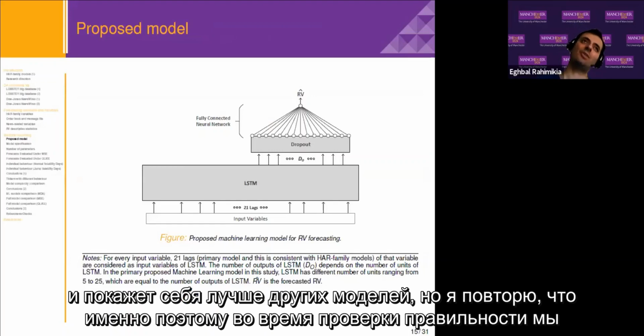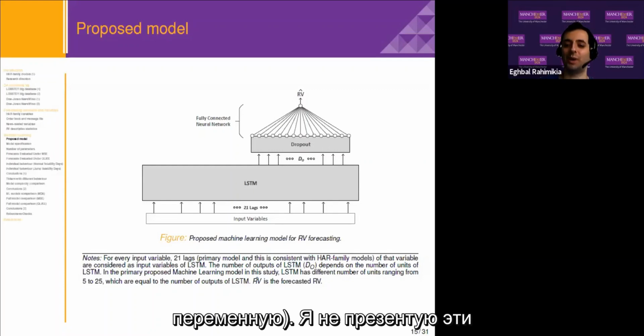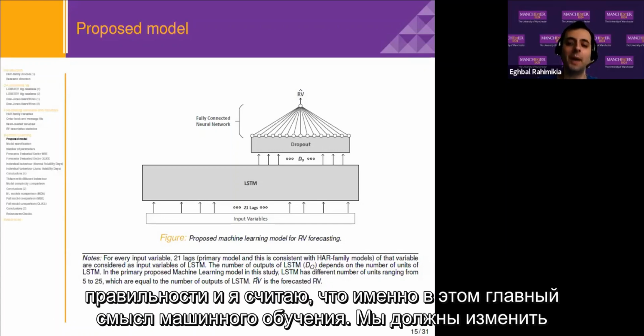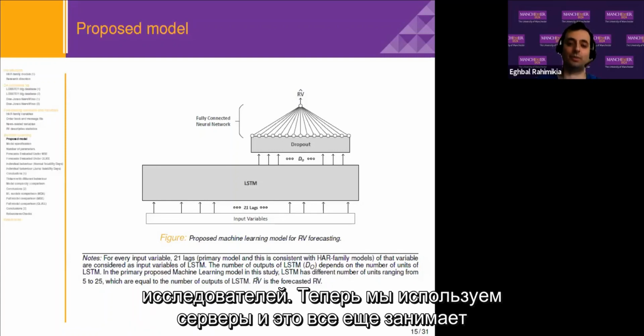But that's why in robustness checks, we are trying to make this model simpler, like just using realized volatility, just one variable, for forecasting realized volatility. I'm not presenting those robustness checks here, because the majority of our paper focuses on them, and I think this is the main point behind the machine learning. We should change this model and make it more comparable with those simple models in finance, which researchers show work fine.